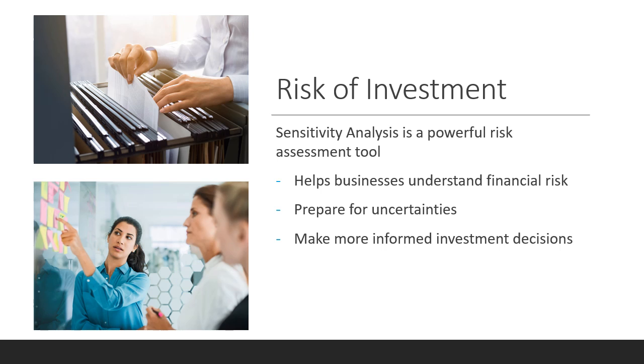It helps businesses understand financial risks, prepare for uncertainties, and make more informed investment decisions. What that means is that using mathematical modeling and scenario testing helps make a well-formed decision for those investors and shareholders.